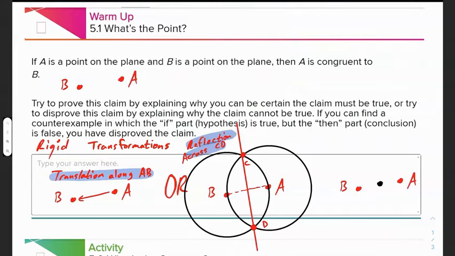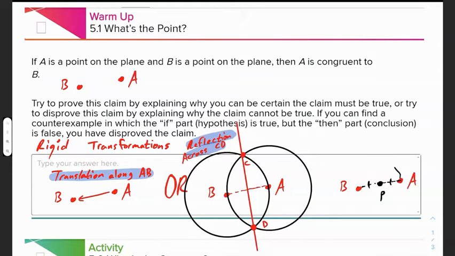I'll call that point P. And if I rotate, I'm trying to go for a semicircle.